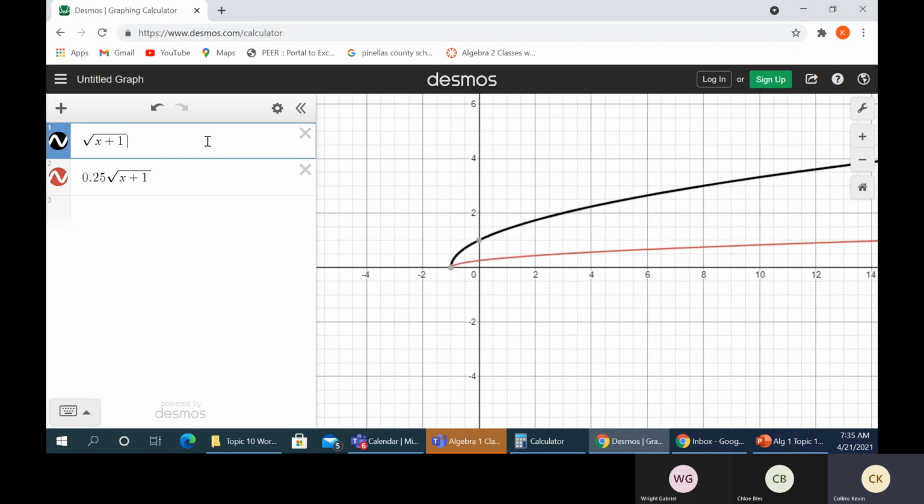So here's our original in black. And then when we go to the red graph, it's like we grabbed onto this graph and pushed it down. So this would be a vertical compression. Does that make sense? And if we put a number bigger than 1 in front of that, then it would stretch the graph and it would pull it up.